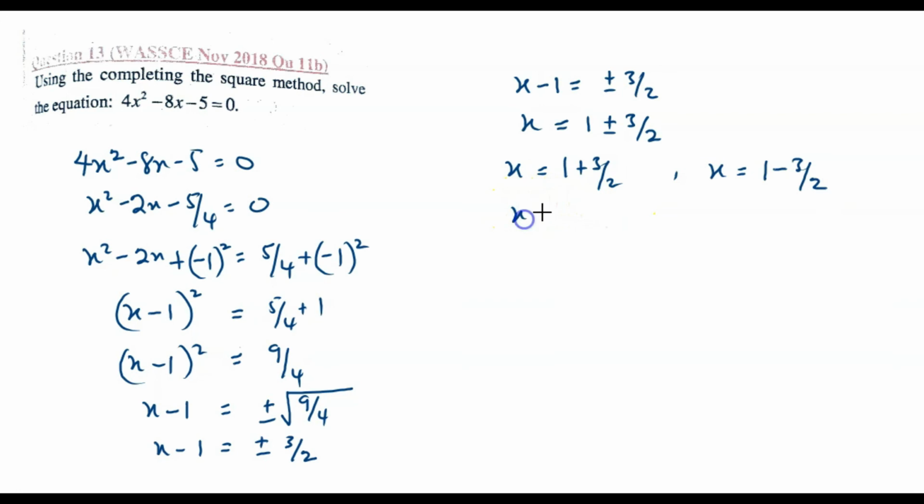And this gives us x equal to 5 on 2, which is the same as 2 whole number 1 on 2. And we have x equal to negative 1 on 2.